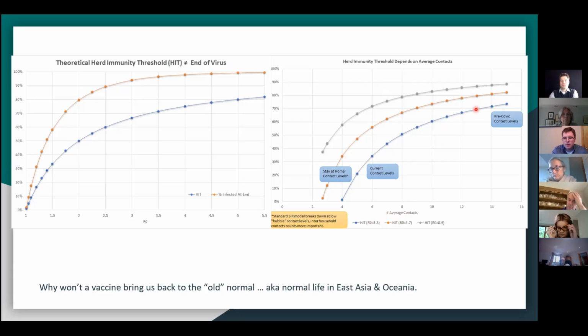It seems like we're going to need an extremely good vaccine to get back to a normal life. That said, a vaccine will make things like elimination easier if we were to continue with things like social distancing and maintaining all of the good behaviors that we're trying to suppress our normality.